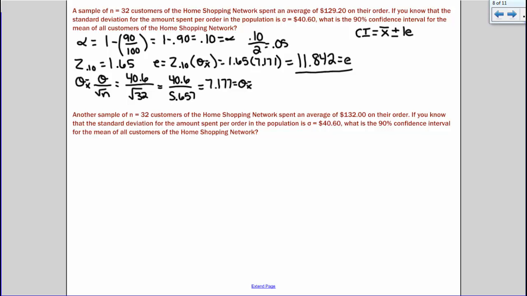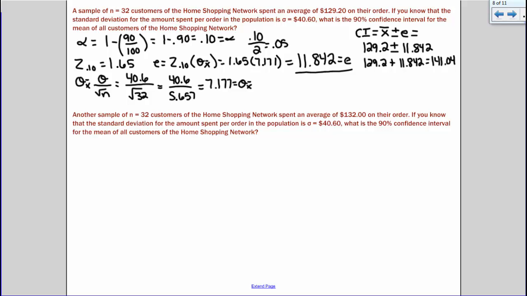Let's just leave it as an E. So my sample mean, 129.2, plus or minus my error, 11.842. So 129.2 plus 11.842 is equal to 141.042.